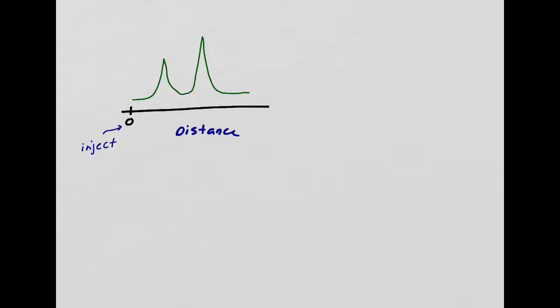So, based on that, if I go height times the width, I'm going to get the area for each peak. So I need the height and I need the width to get the area under each peak. Now, how am I going to do that? Well, it's easy. If you look at these 2 peaks, let me look at the peak on the right or the left, doesn't matter. So this would be the height.